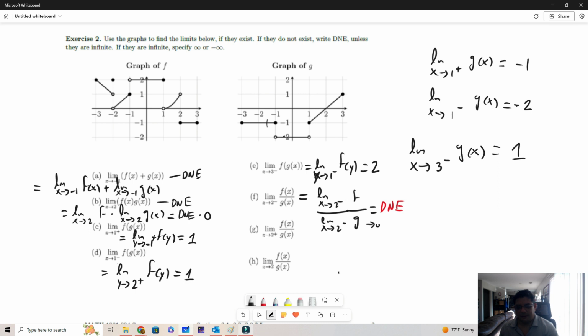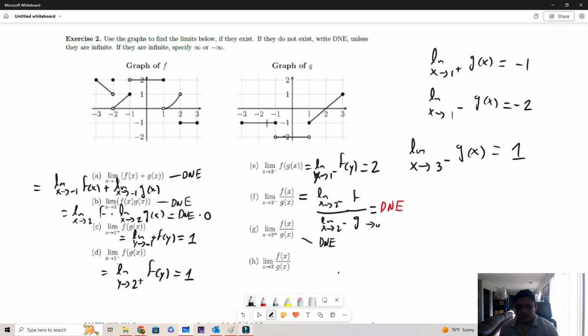Now, by the right side, we're going to have the same issue. This is approaching 0 as well, and f by the right side is approaching here a negative value. So I can call it does not exist, or I could also consider that it is eventually going to go to minus infinity.